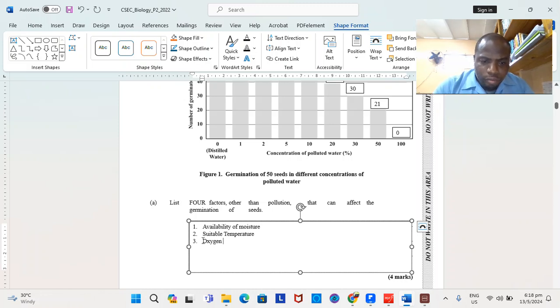Oxygen. So available oxygen, and oxygen is needed for respiration. So we would want that to be available.